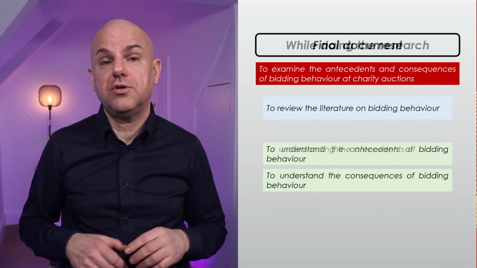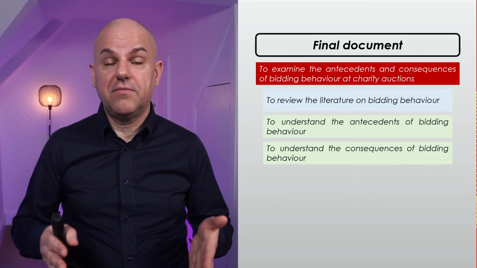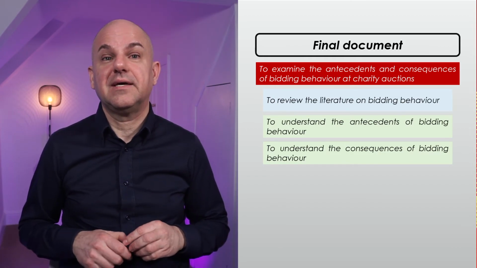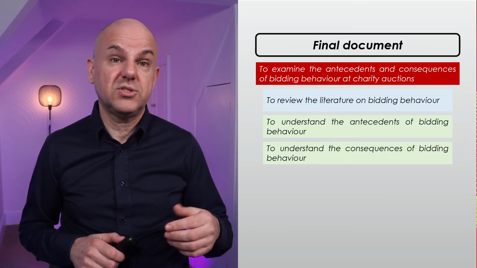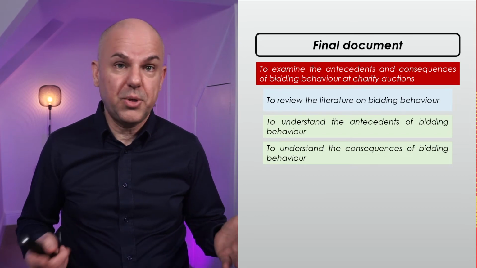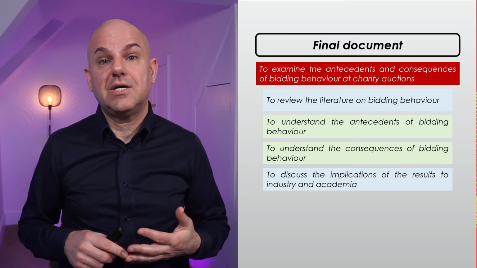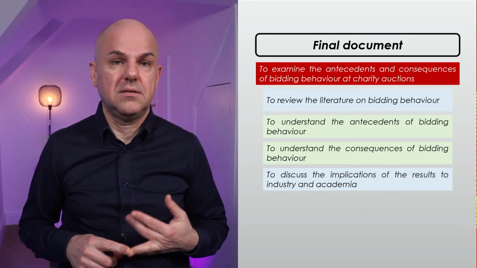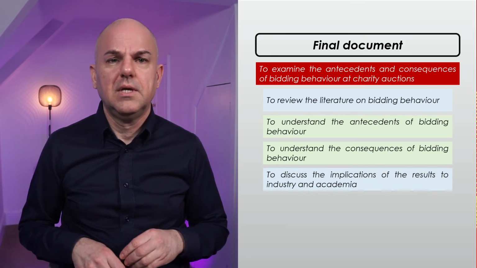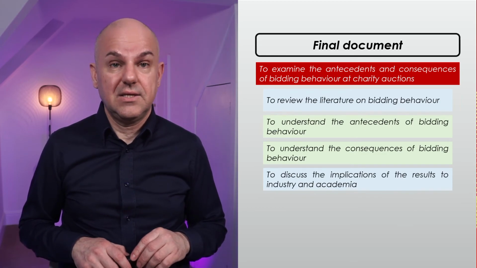When it comes to writing the objectives that are going to be included in the final document, I recommend the student to obviously copy the real objectives, but also add two other objectives, two process objectives. The first one on reviewing the literature, and the second one on discussing the implications of the results for industry and theory.